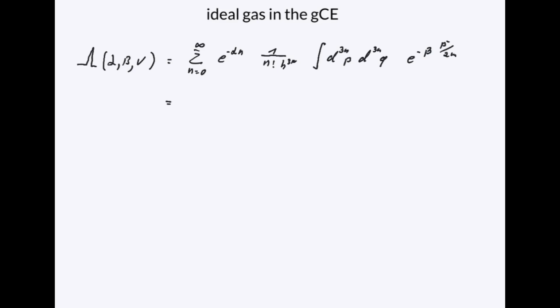We see by comparison with the canonical ensemble that the second term, including the phase space integral, is nothing else than the canonical partition function Z depending on N, β, and V.